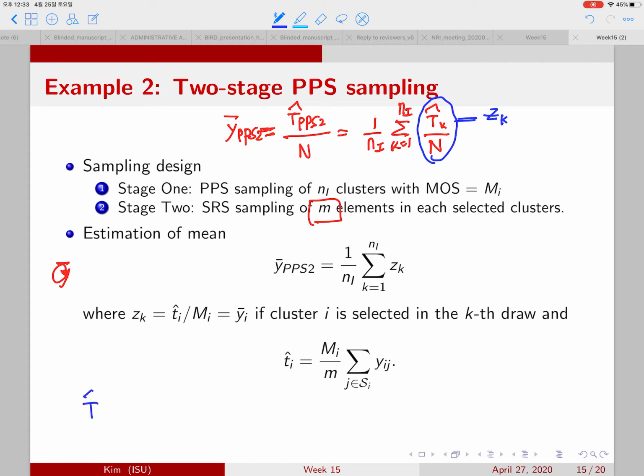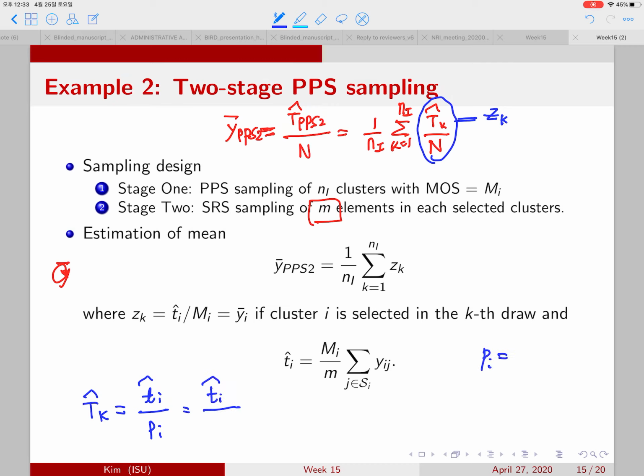Note that T hat k is T hat i divided by pi, and what is pi?